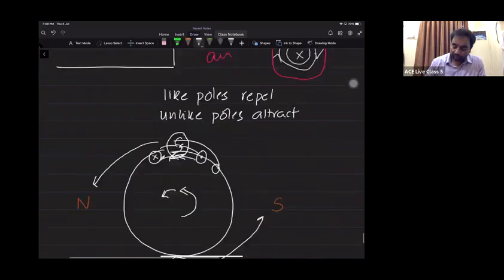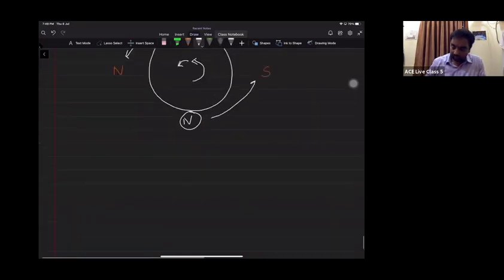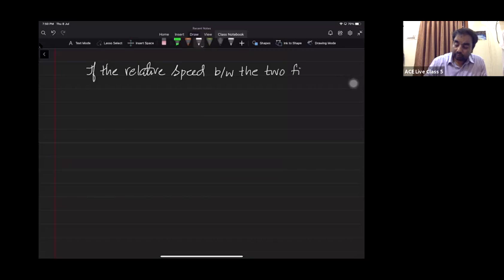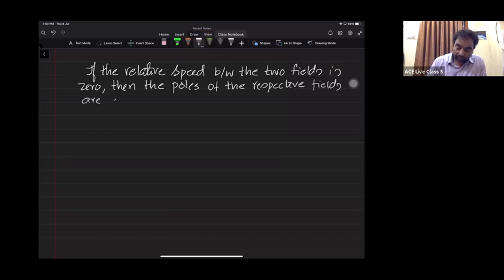So, can I give a statement like this? If the relative speed between the two fields is 0, then the poles of the respective fields are stationary with respect to each other.